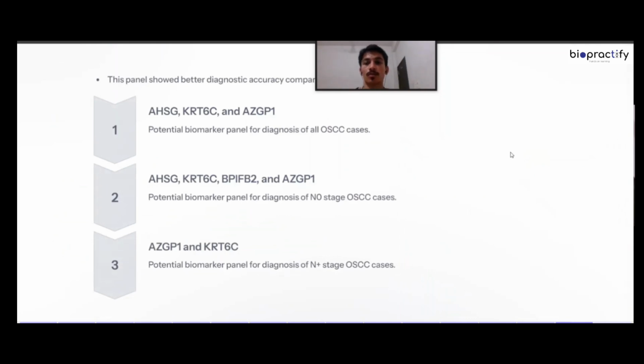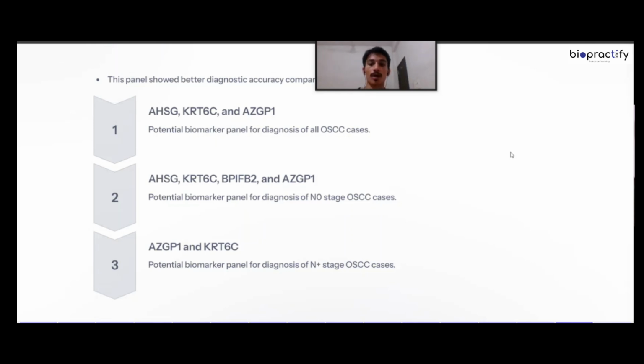Yeah. So here it is mentioned how different panels can be used for the accuracy and prediction or early detection of the cases. AHSG, KRT6C, and AZGP1, as mentioned, can be a potential biomarker panel for diagnosis of all OSCC cases.